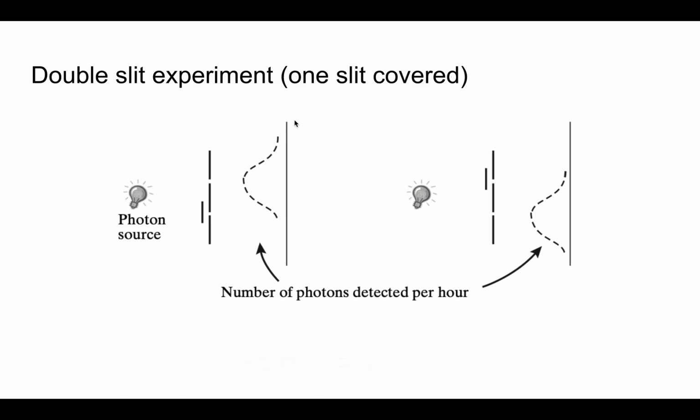Likewise for the rightmost diagram, with the uppermost slit being covered, photons will pass through the downward slit, and the pattern is very similar to the one on the left. So we have this wave phenomenon.